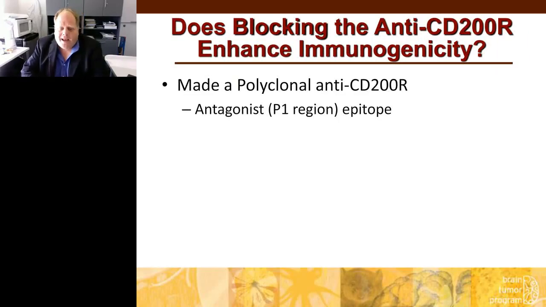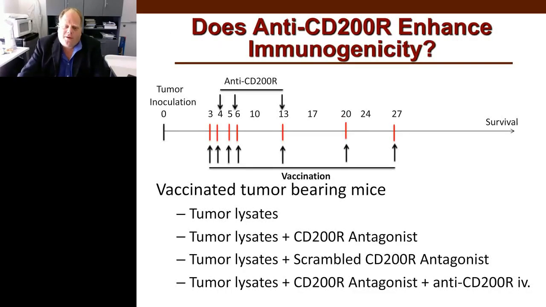So what I did is I made a polyclonal antibody against the same epitope region as our antagonist, because we were afraid of coming in there with just an anti-CD200 receptor and inducing a suppressive response. So we made these antibodies against the specific regions of the CD200 as our antagonist.